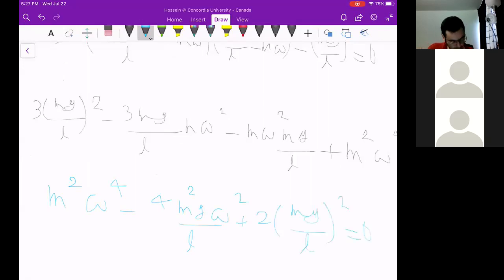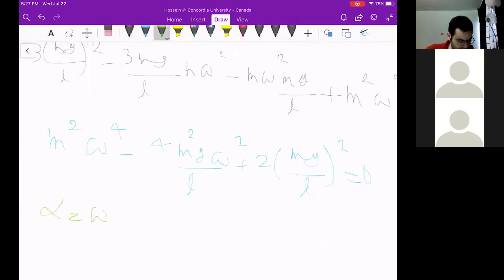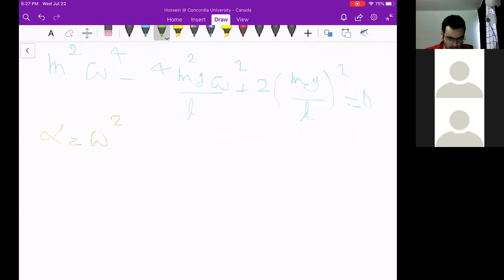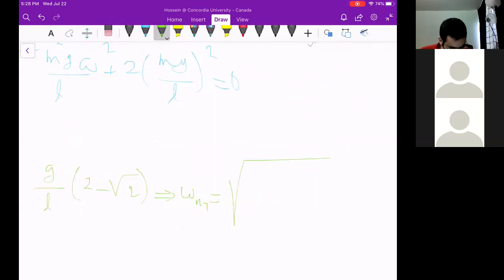So here, in order to solve it, you could say alpha is equal to omega squared, and you are dealing basically with a quadratic equation, which we can simply solve. Alpha 1, as omega n1 squared, is going to be g over L times 2 minus square root of 2, so the first natural frequency would be the square root of g over L times 2 minus square root of 2.